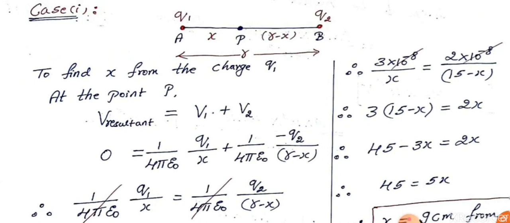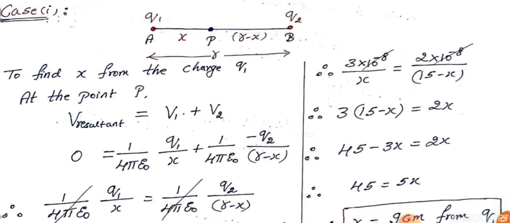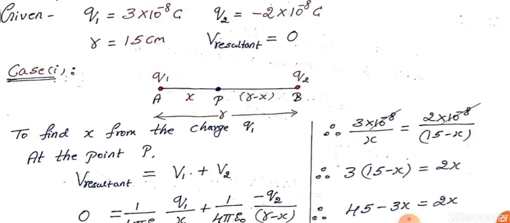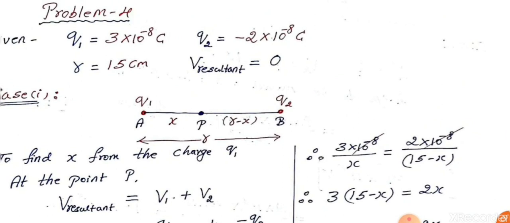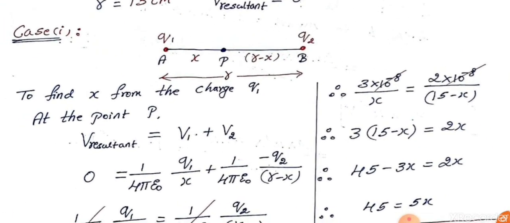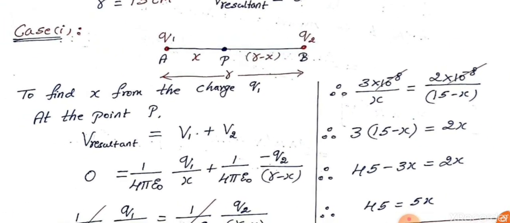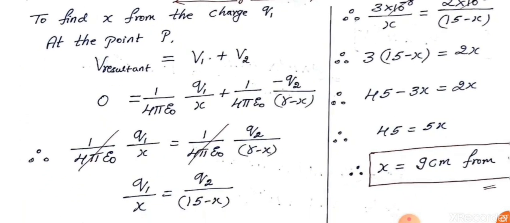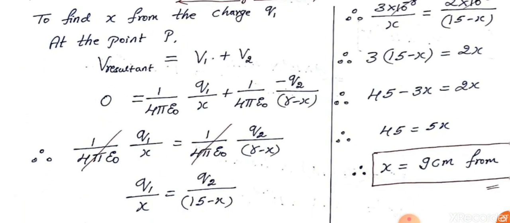Here x is the distance from the charge q1 to the point P. Similarly for V2, we use the negative charge, minus q2, because in the data the value is negative, right? So minus q2 divided by r minus x. r minus x is the distance between P and B. Shift it to the LHS, then you can cancel 1 by 4 pi epsilon naught, and you get q1 by x is equal to q2 by 15 minus x, because the r value is 15.